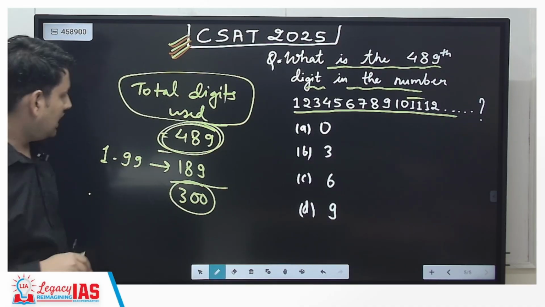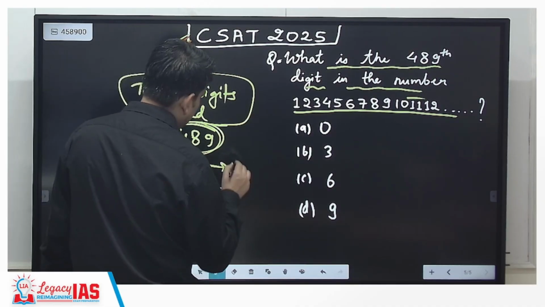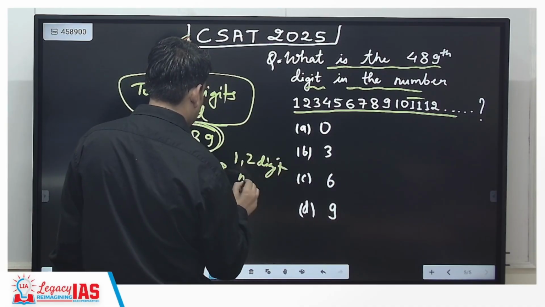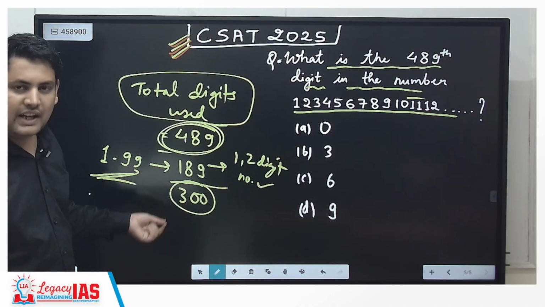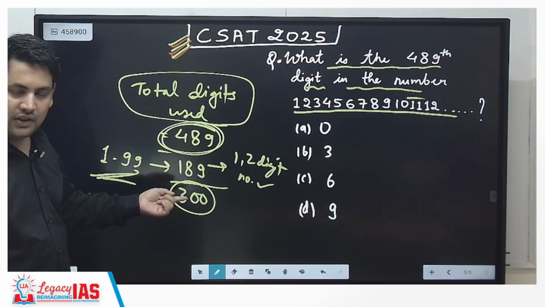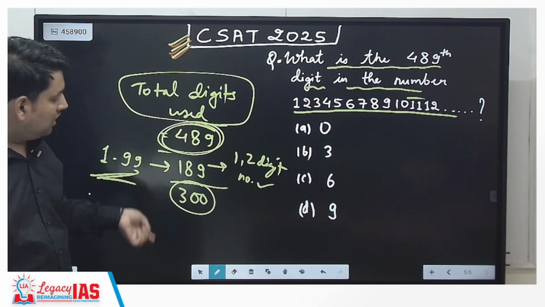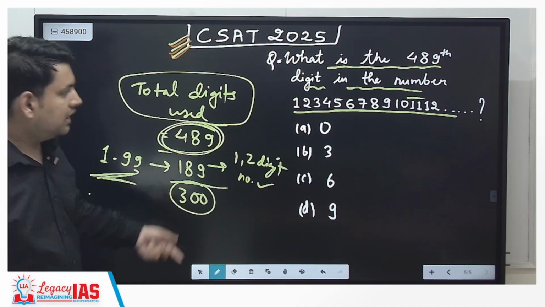Now, 1 to 99 you have typed, so 1 and 2 digit numbers are done. Whatever the next numbers are will all be of 3 digits, can't be of 4 digits. Why? Because then it will exceed 2889. So all the numbers that are remaining will be of 3 digits.